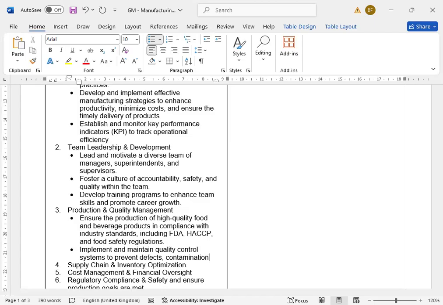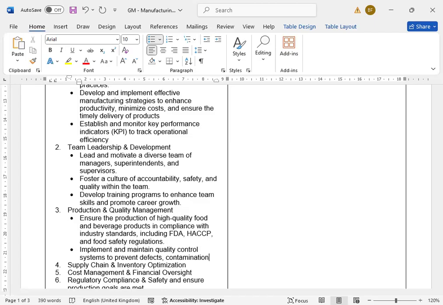Also, food handling. That's why it's very important that the company always gives training, especially GMP and HACCP, to all employees, the good manufacturing practices for food safety handling, as per regulatory standards. You have to avoid having the food contaminated.